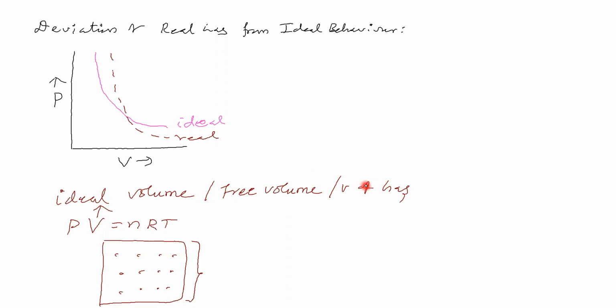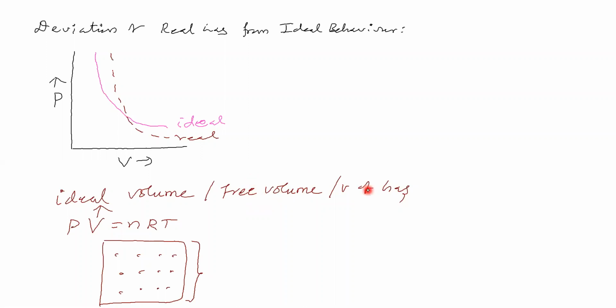The free volume is not equal to volume of gas, which means there are two possibilities: free volume is less than volume of gas, or free volume is greater than volume of gas.